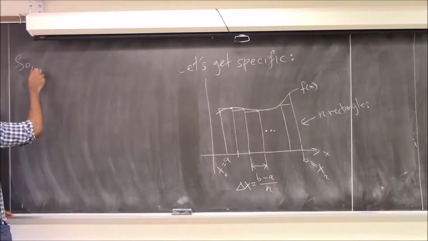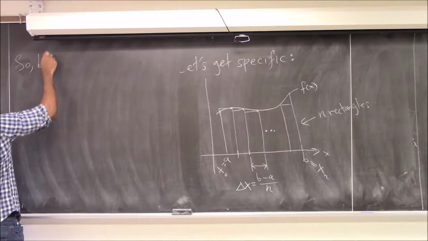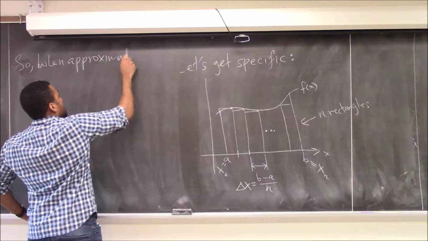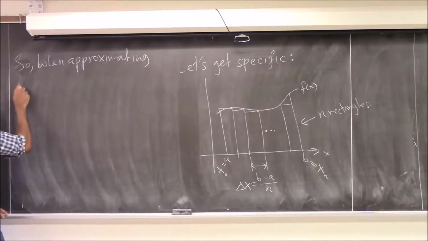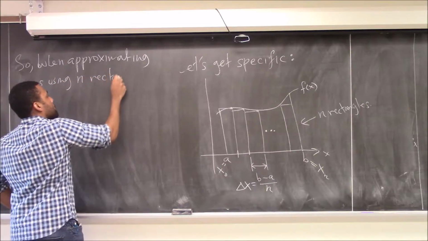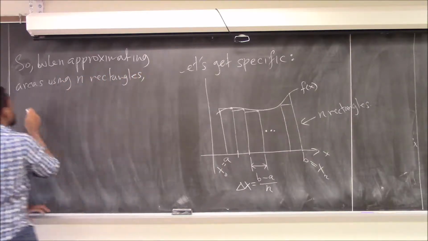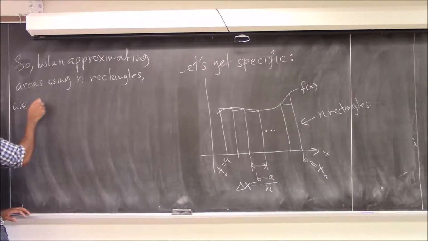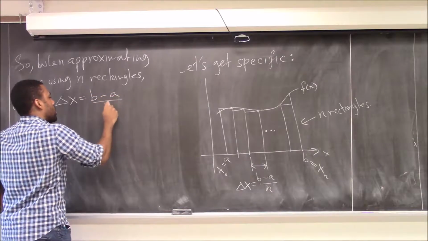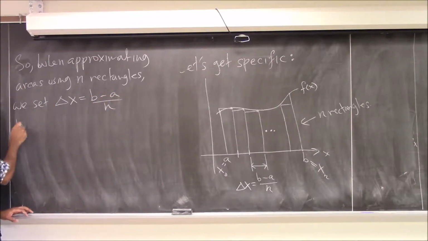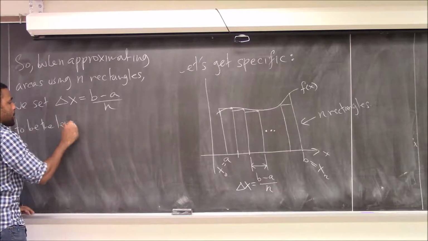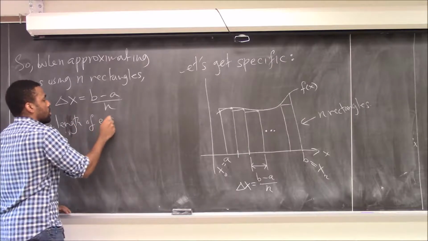So, when approximating areas using n rectangles, we set delta x equals b minus a over n to be the length of each.